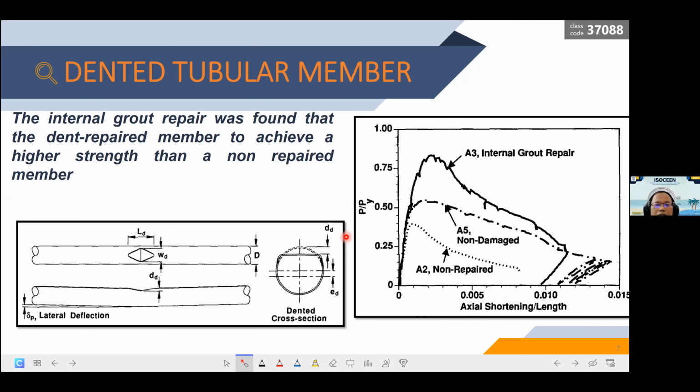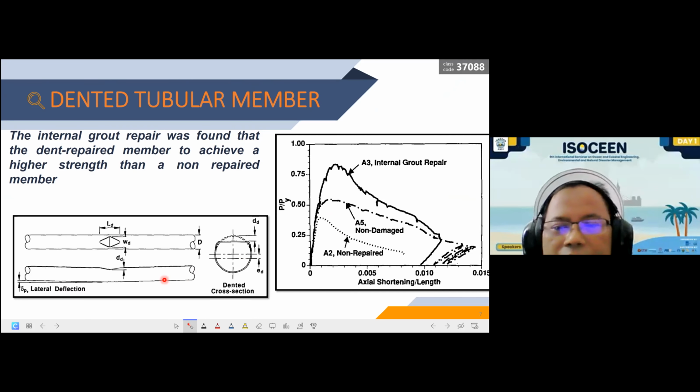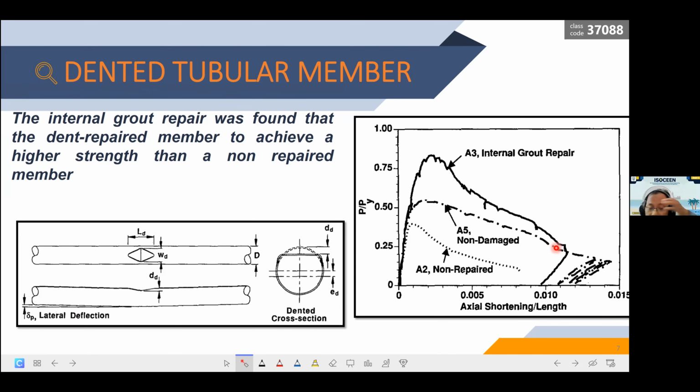This picture shows that the internal grout repair was found to achieve a higher strength than a non-repair member. This is an experimental study about the dented pipe filled by the internal grout. We can see from this picture. This one is the non-damaged pipe or intact pipe.